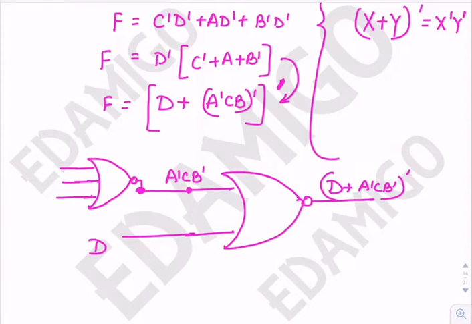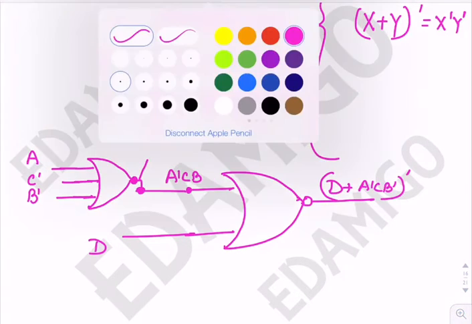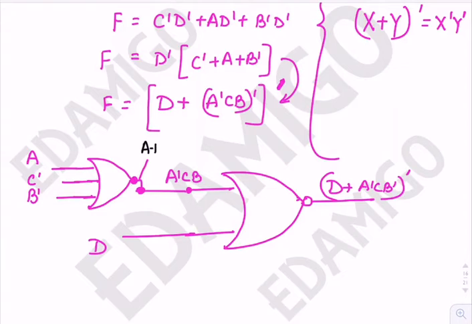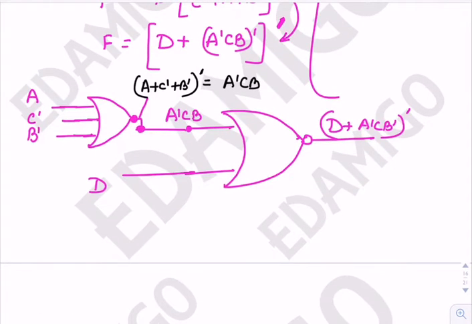If I provide the input as A, C bar, B bar, then the output here will be (A plus C bar plus B bar) whole complement, and that is equal to A bar C B. Okay, so this is the implementation of the function using two NOR gates.